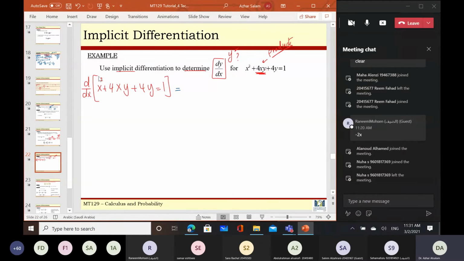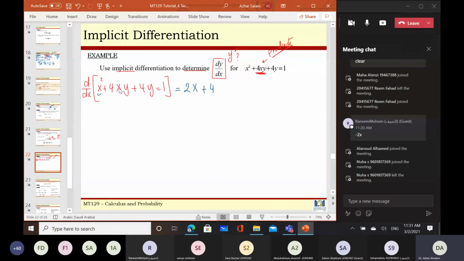Now I will differentiate term by term. I will differentiate x squared first, and it will be 2x. Then plus 4, which is only a coefficient, so I will write it as it is.